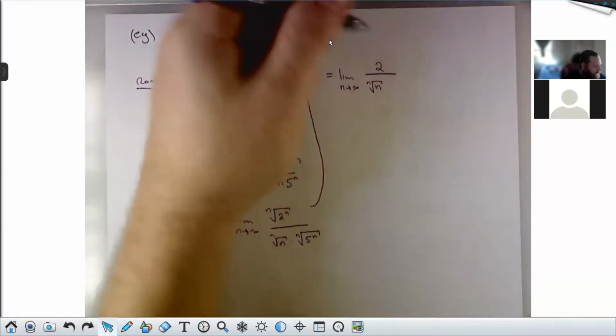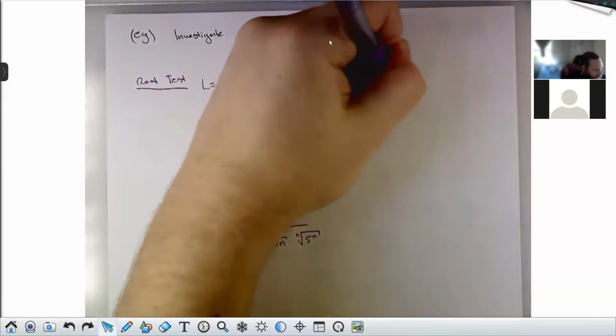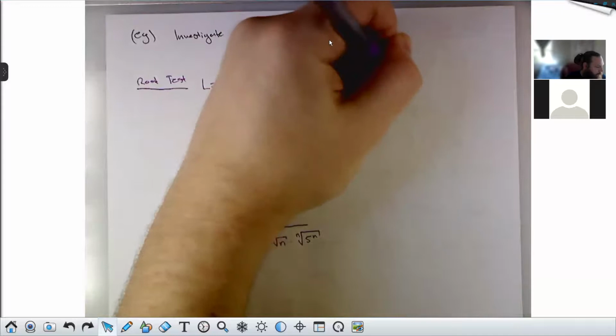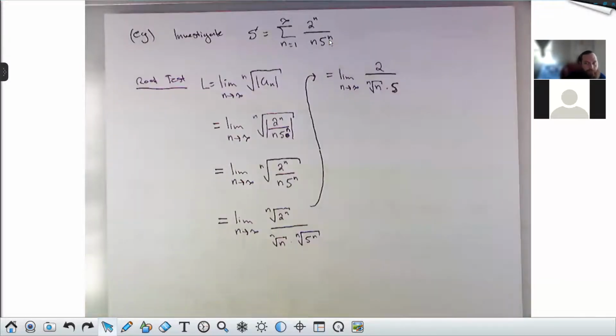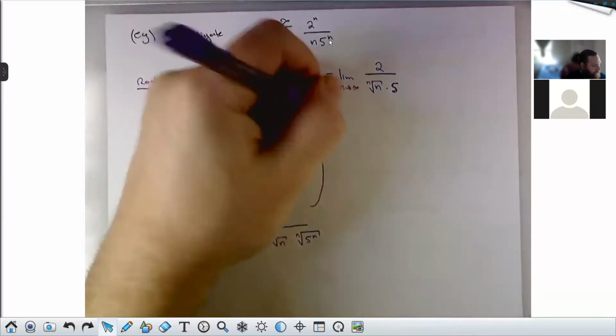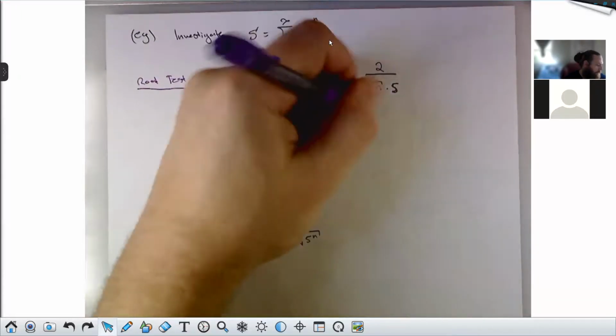He's a little bit scary. The nth root of 5 to the n, same as the nth root of 2 to the n is just 2, the nth root of 5 to the n is just 5. So there's a factor of 2/5 here that I can bring out of the limit.